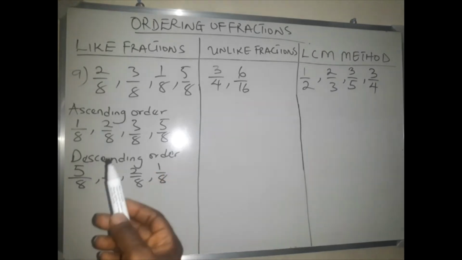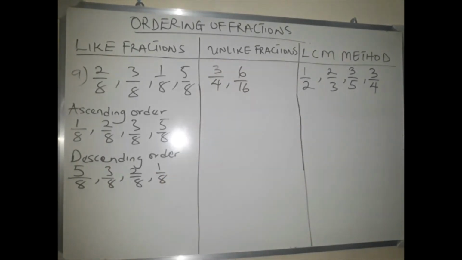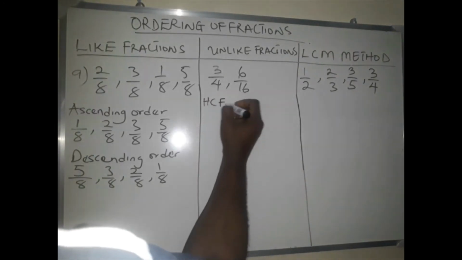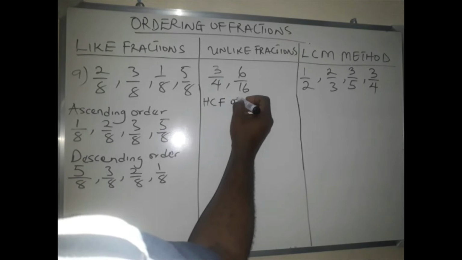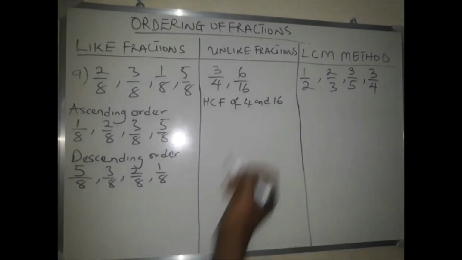That is, you can convert both or one of them to like fractions. You convert one, like in this case now, you convert 3 over 4 so that it will now be a like fraction with 6 over 16, so that it will have the same denominator as 6 over 16. And to do that, first of all, you have to determine the HCF, which is the highest common factor of 4 and 16.